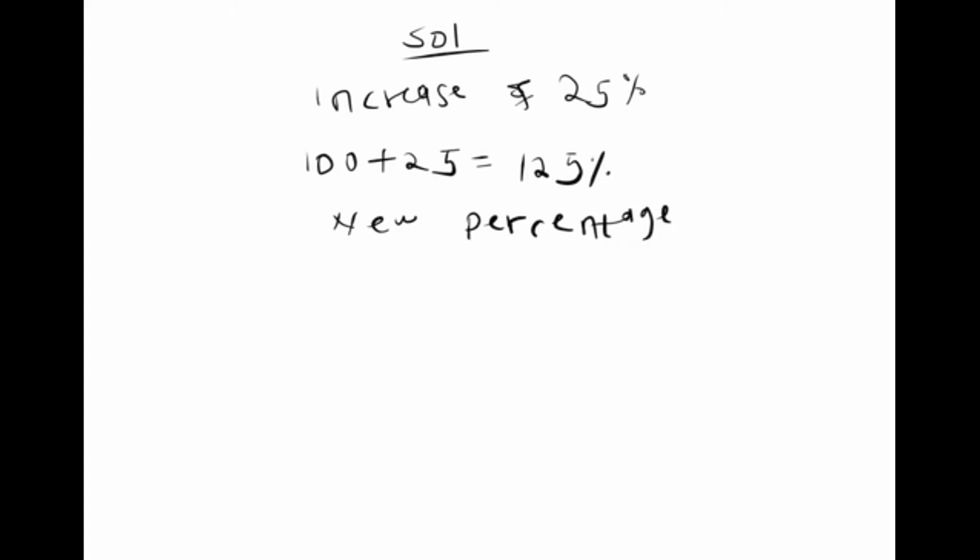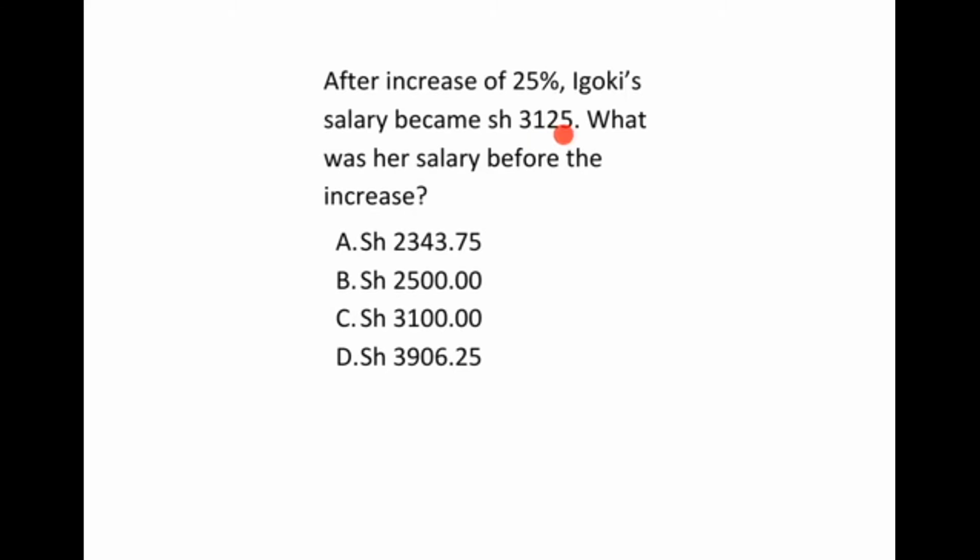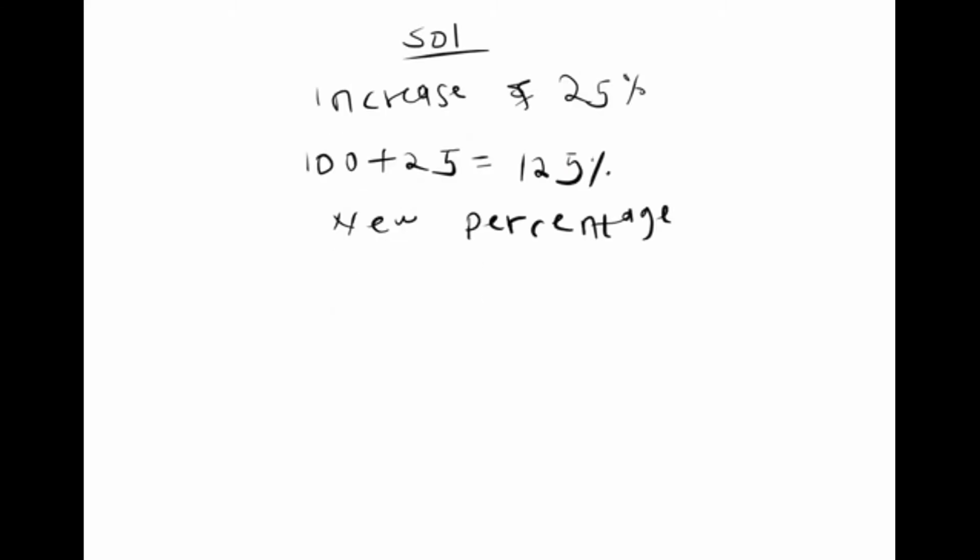Then we are asked to give the salary before the increase. Therefore, this 125 is equivalent to 3,125. Therefore, we can proceed as follows. 125% is equivalent to 3,125 shillings. Then, what about 100%?